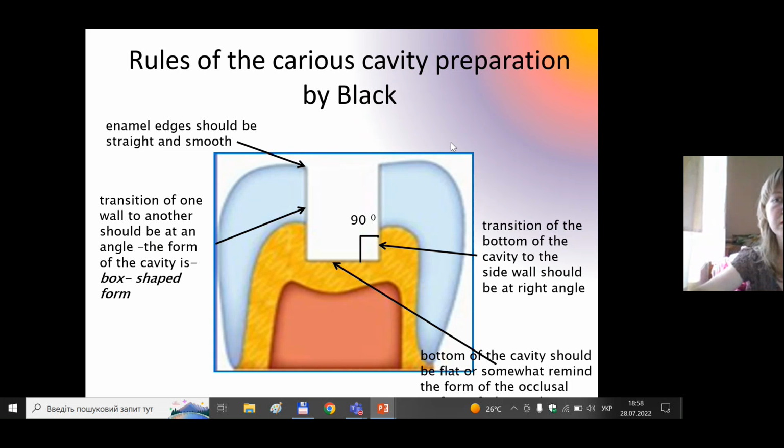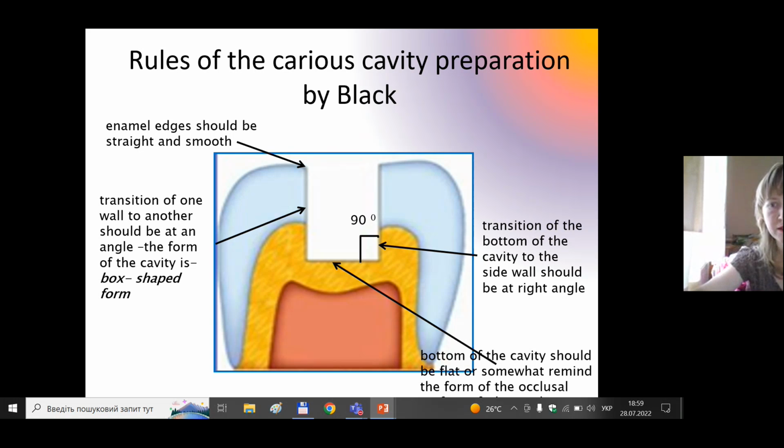Okay, let's stop on the rules of caries cavity preparation by Black. So according to Black, at that age when the classification was designed, enamel edges should be straight and smooth. They should not be cut with a 45-degree bevel.